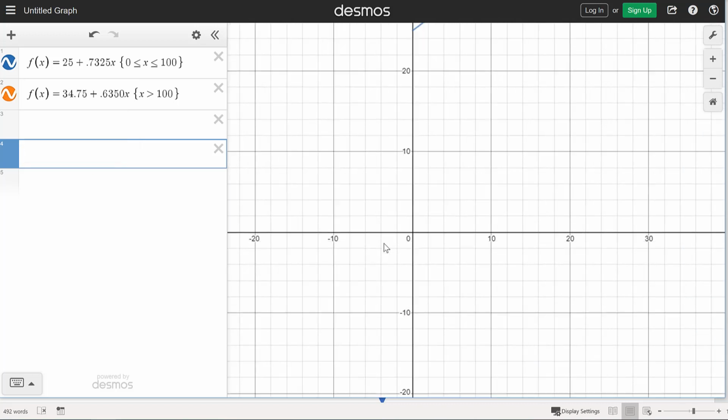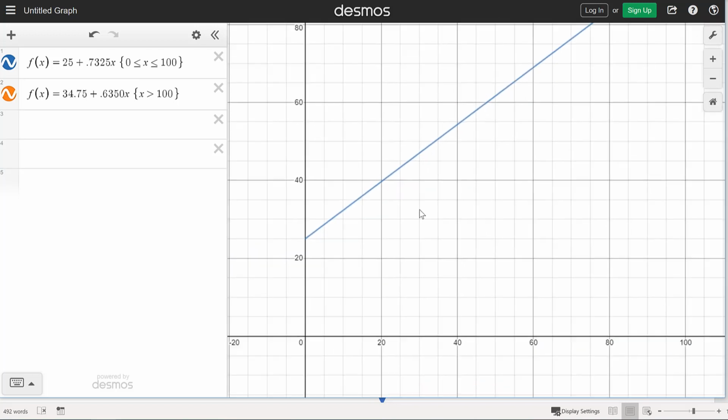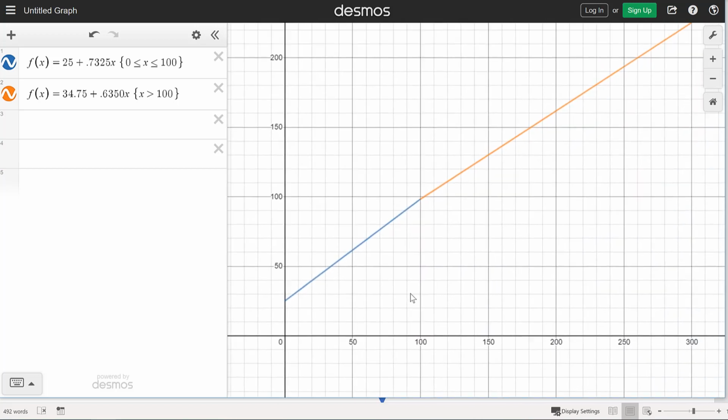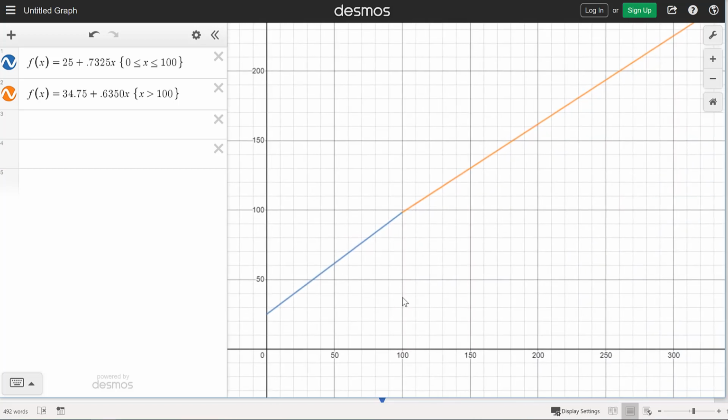So if I start scrolling out, I can start to see the graph here. And actually it doesn't look like I need to zoom all that much. Here we have a point at 0, 25, and it's not listed there as a closed circle, so I want to type 0, 25, so I can make sure that's listed as a closed circle.